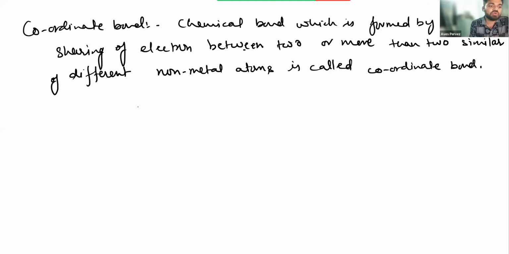Now, if we are having ozone structure O3, you know that ozone cannot have more than 8 electrons in its outermost shell.